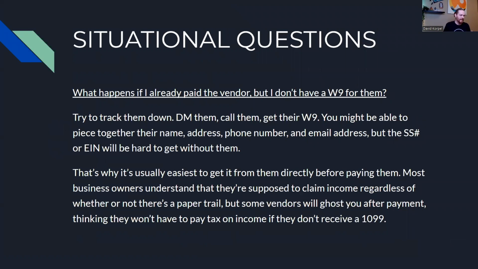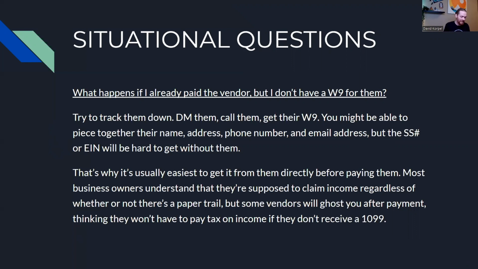So the most common thing that happens, and that's why I keep reiterating, get W-9s before you pay vendors. But what happens if I already paid a vendor and I don't have a W-9 for them? So what I always tell people is to track these people down, DM them, call them, try to get their W-9. You might be able to piece together their name, their business name, address, phone number.